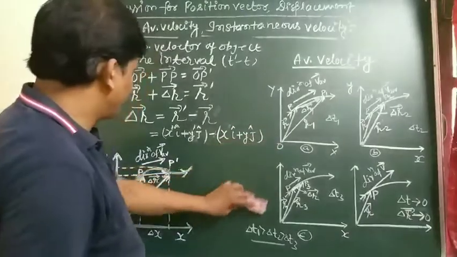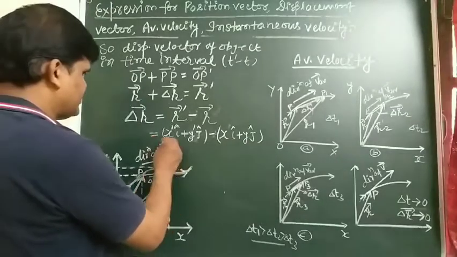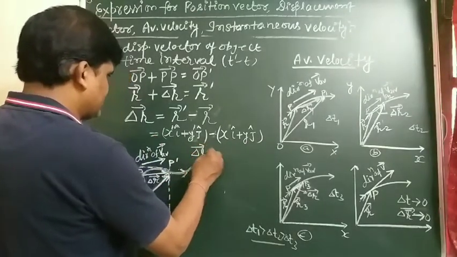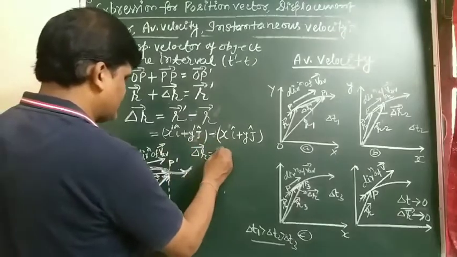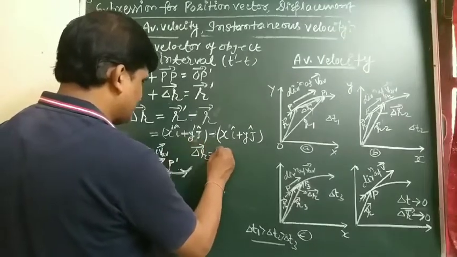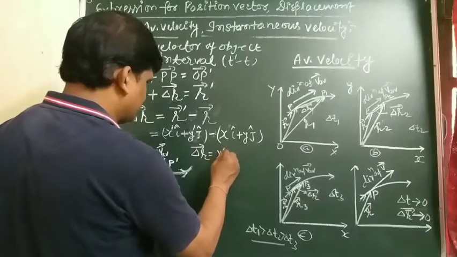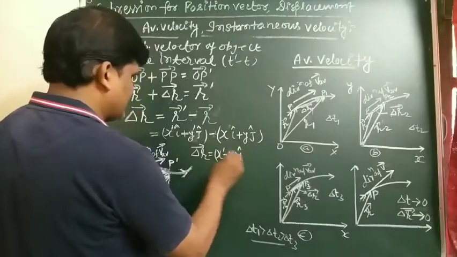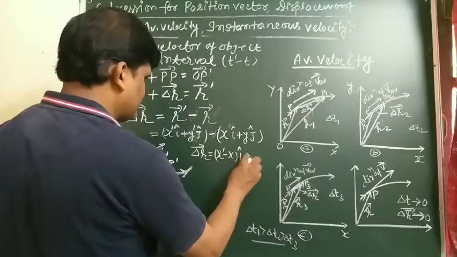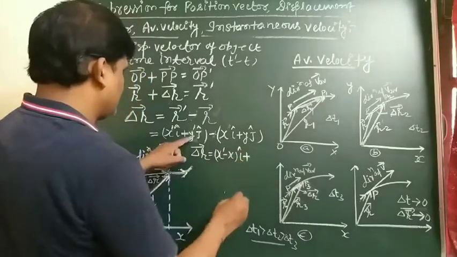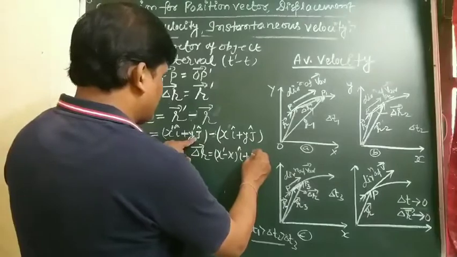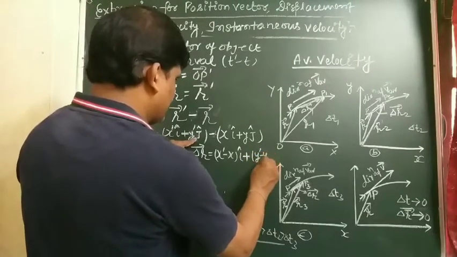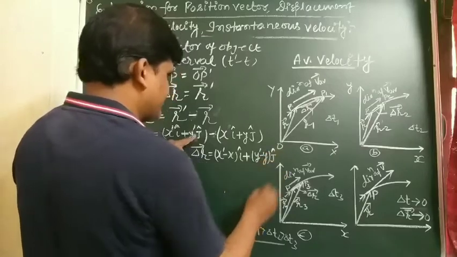And students, this can be written as delta r, taking i common: x dash minus x times i cap, and also plus y dash minus y times j cap.